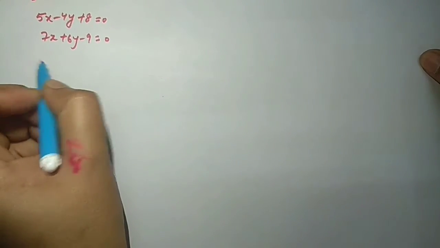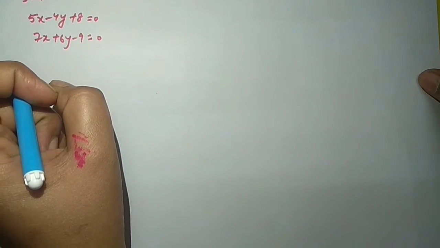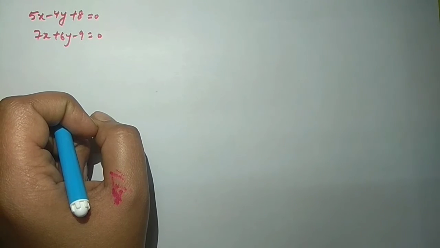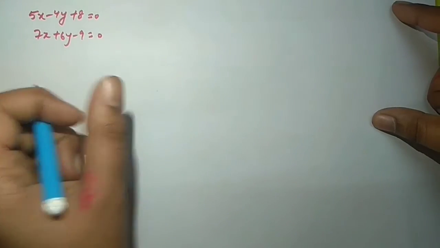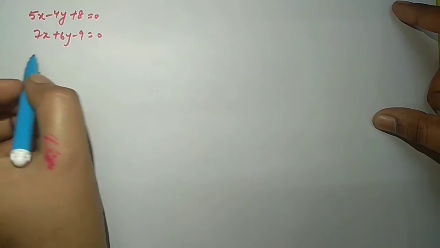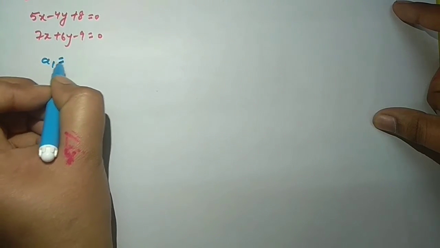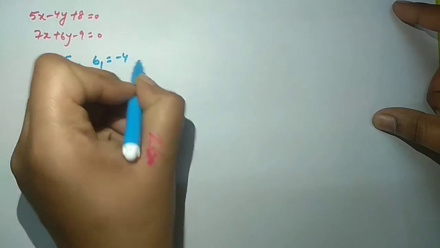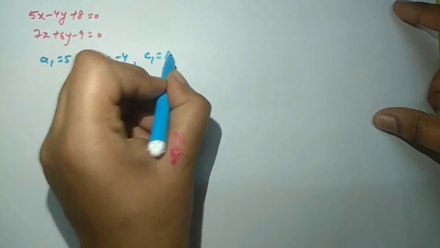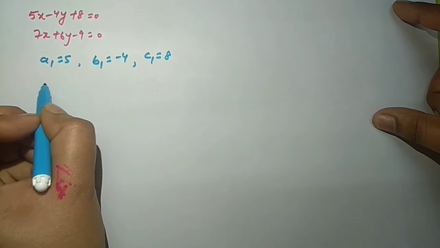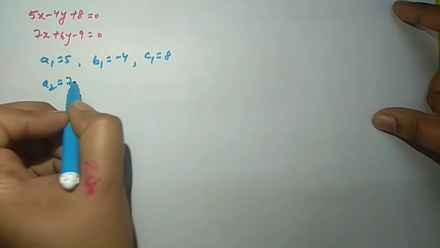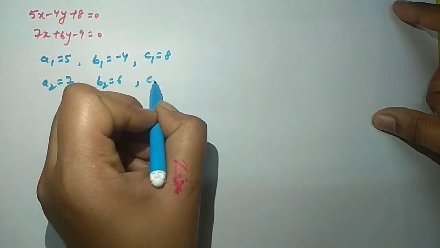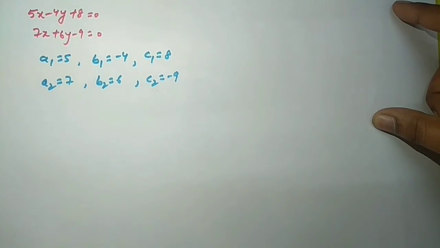What are the standard equations? a1x plus b1y plus c1 is equal to 0, and another a2x plus b2y plus c2 is equal to 0. So by comparing with them, we have a1 equal to 5, b1 equal to -4 and c1 equal to 8. And a2 is equal to 7, b2 is equal to 6 and c2 is equal to -9.